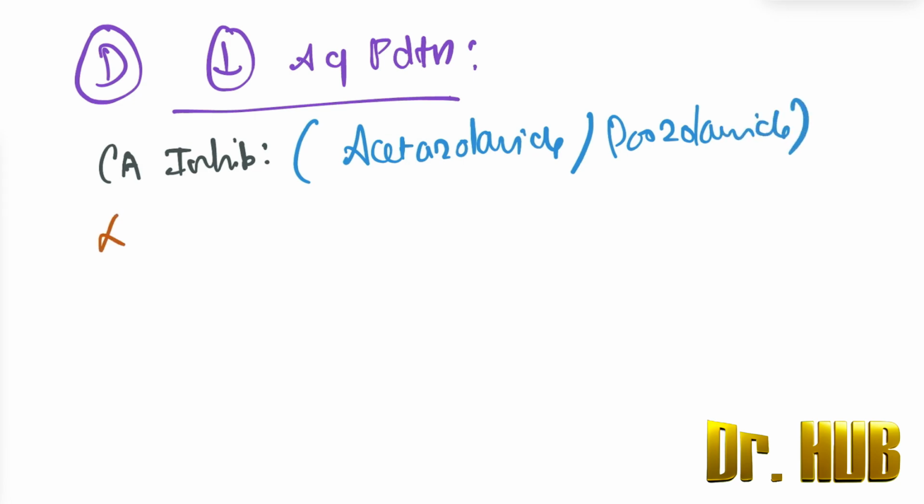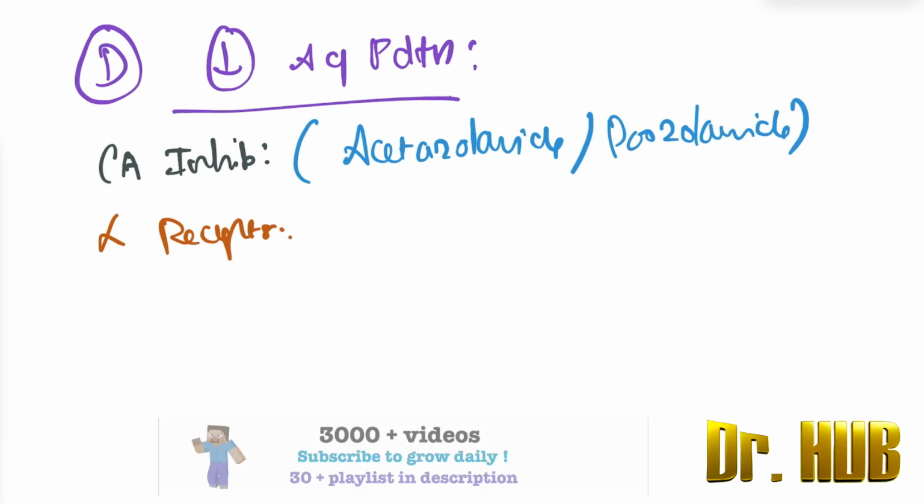Next we look at the alpha receptor. What it does is it stimulates the ciliary process.